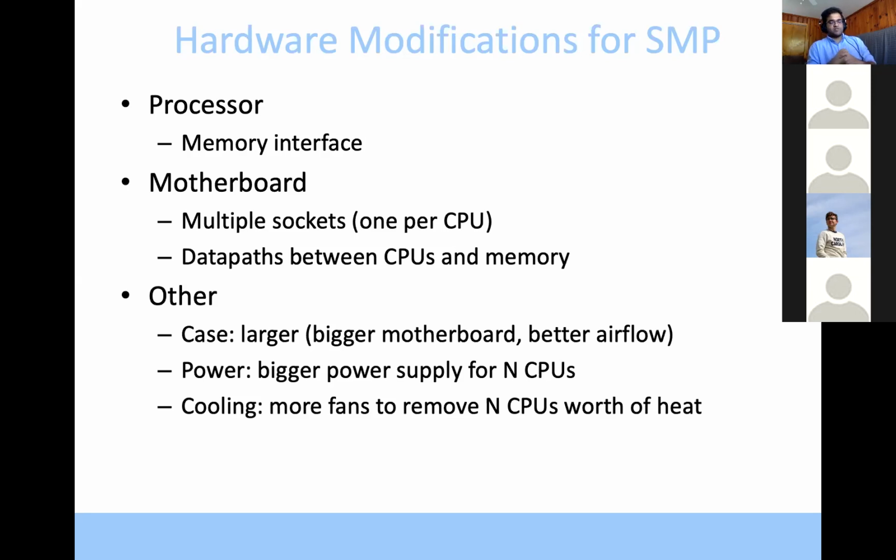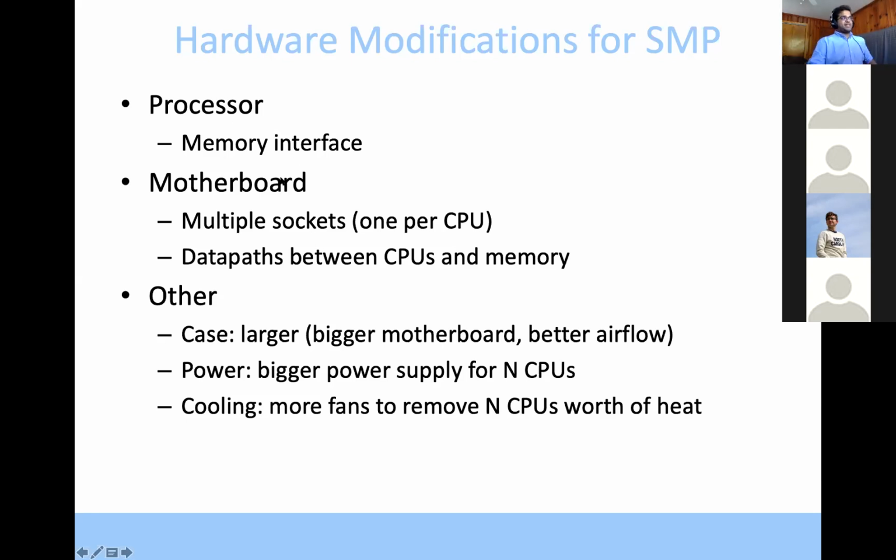What else? What do you have to change for a symmetric multiprocessor system, right? Like physically, what do you have to change? Couple of things will obviously need to happen. The motherboard will need multiple sockets. If you have only one socket, you can't use the other one. And you need some way of connecting the different CPUs up.